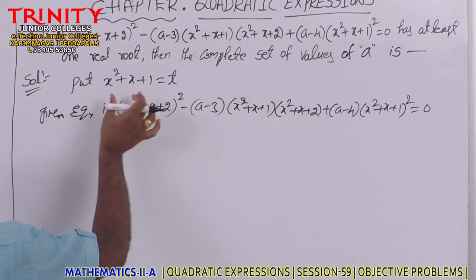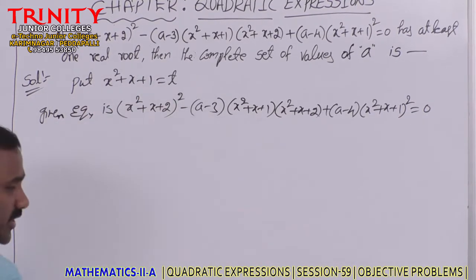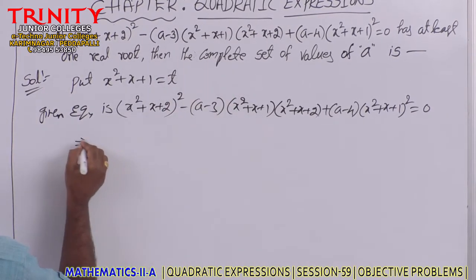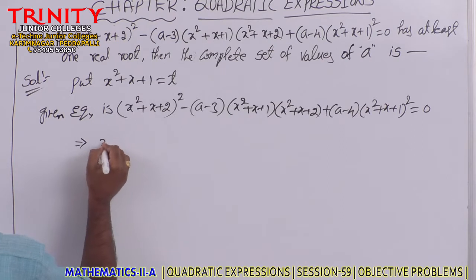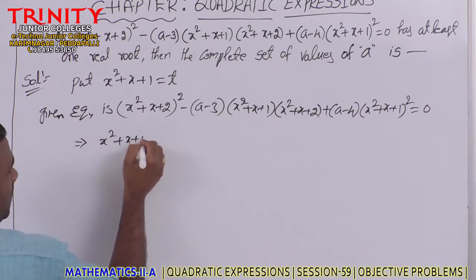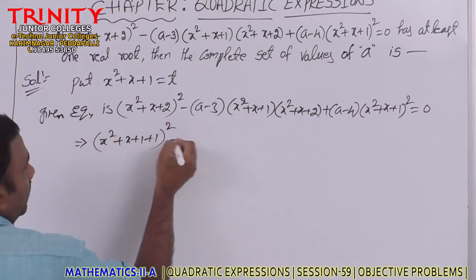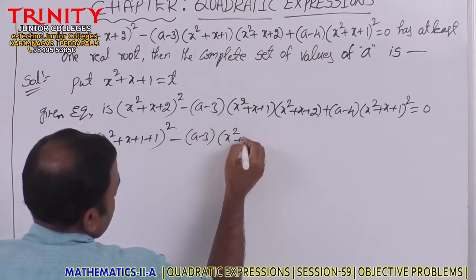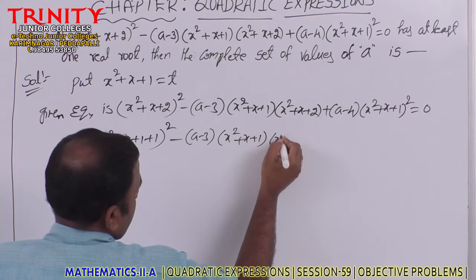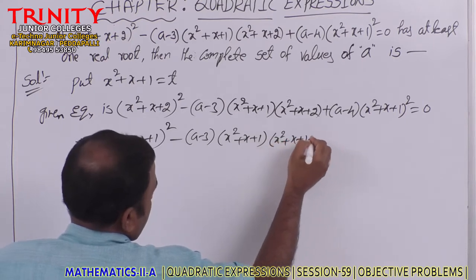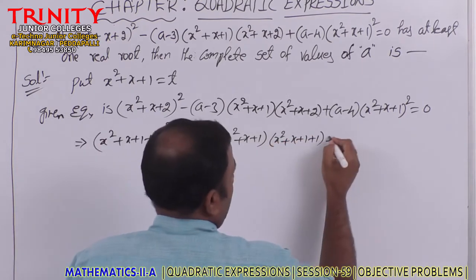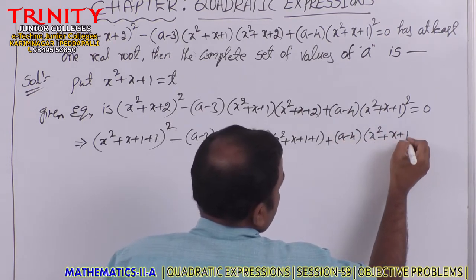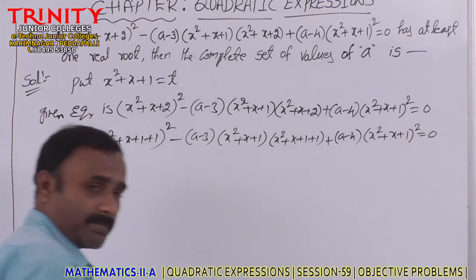Now with our assumption x square plus x plus 1 is equal to t, this equation becomes (x square plus x plus 1 plus 1) whole square minus (a minus 3) into, this is as it is, but this one is changed as plus 1 plus 1, plus (a minus 4) into, this is as it is, (x square plus x plus 1) whole square equal to 0.